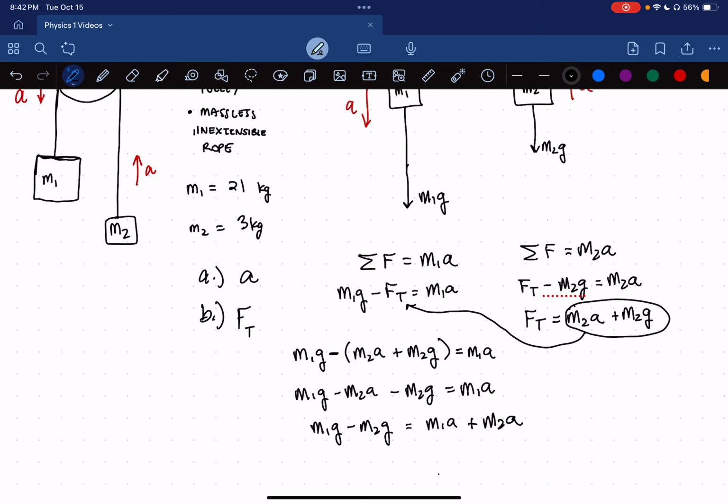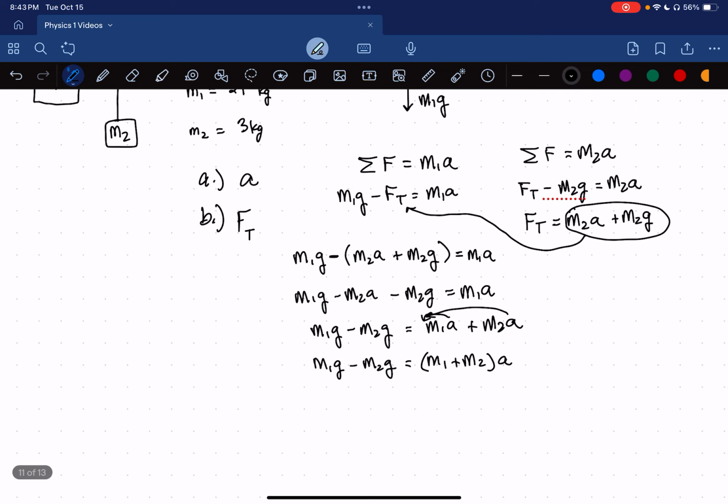So how do we get a by itself on this side of the equation? m1g minus m2g equals (m1 plus m2) a. In other words, we are factoring out an a, but I'm putting the a in the back here. And then to finish this off, it's m1g minus m2g over m1 plus m2. Do not cancel out m1 and m2. You can't do that. Equals a.